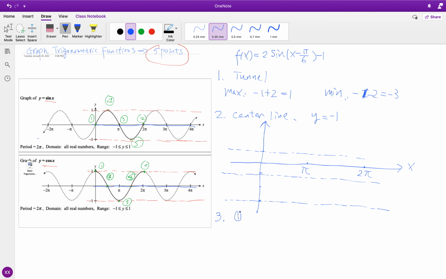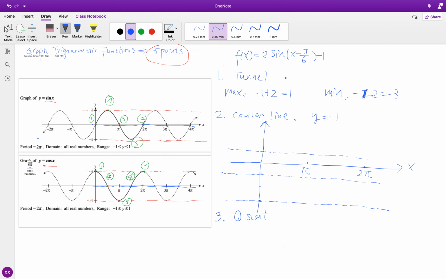The first point will be my starting point, where the cycle starts. The starting point is the phase shift. So in this case, I'm going to divide my pi into 6.